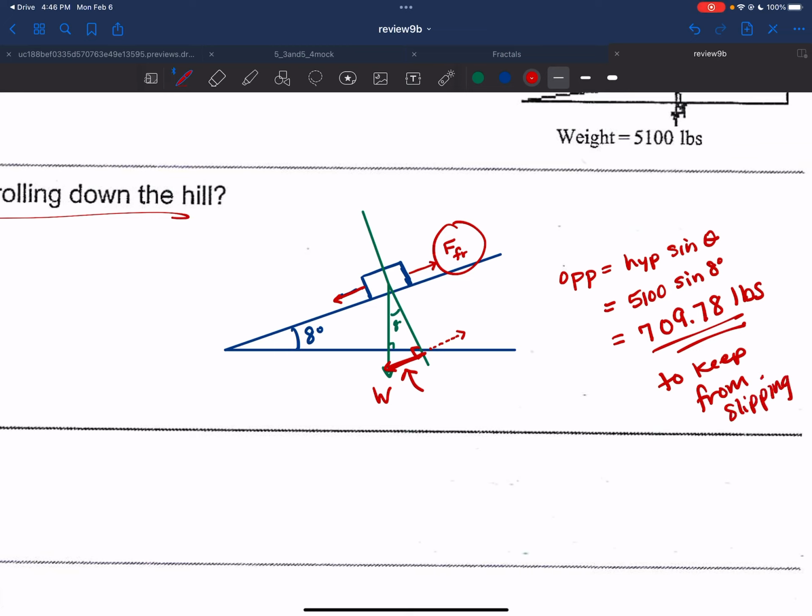Okay, and then my other piece that I've got to figure out is this. It wants to know the force perpendicular to the ramp, right? So that's going to be my adjacent side to that 8 degree. So now we have the adjacent is equal to my hypotenuse times the cosine of 8 degrees.